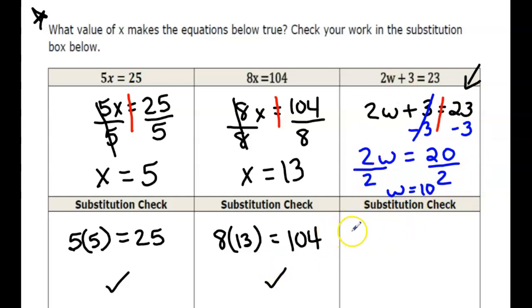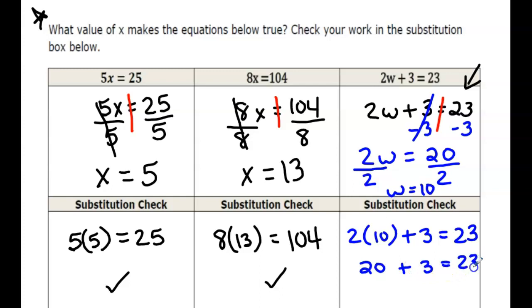And to check our answer, we're going to substitute 2 times 10 plus 3 and see if this checks out. 2 times 10 is 20, and 20 plus 3 does equal 23, so it does check out. These multiple step equations, in order to solve them, you want to remove everything from the variable.